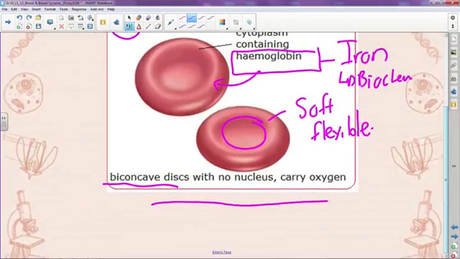If I'm going to draw a blood vessel, we're going to hear about a capillary, and a capillary is very, very thin. What needs to travel through? My red blood cells. What happens if it wasn't soft and flexible? It would get stuck over there.